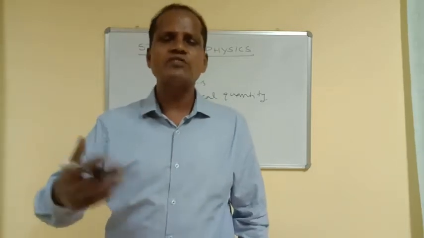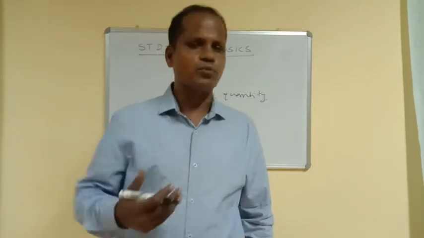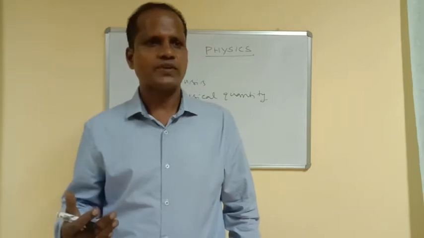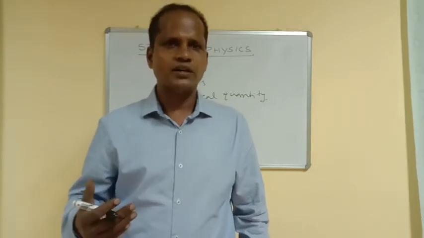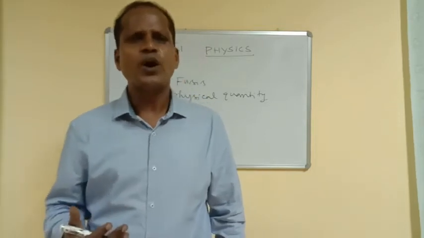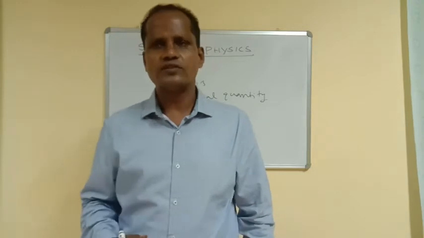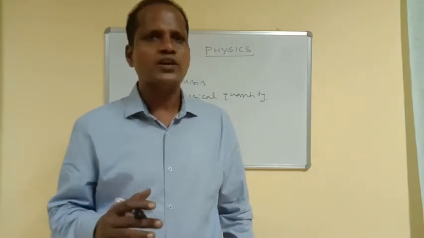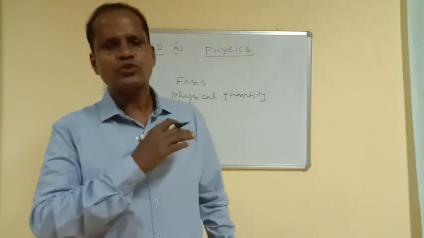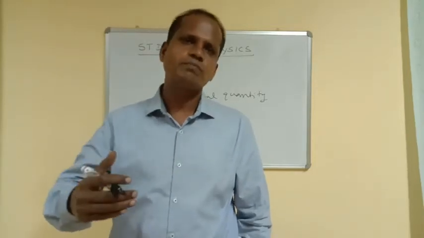So we are involving many quantities, for example height of the boy, weight of the boy, then chest expansion, like that. You can see various quantities to have a clear idea about that particular student. These quantities are called physical quantities.